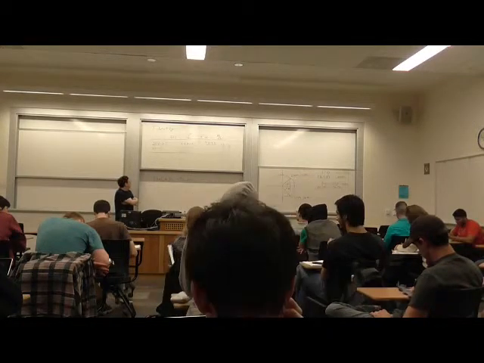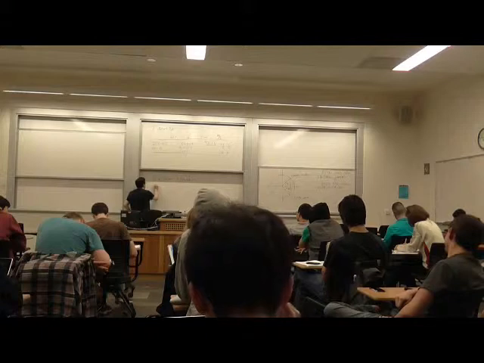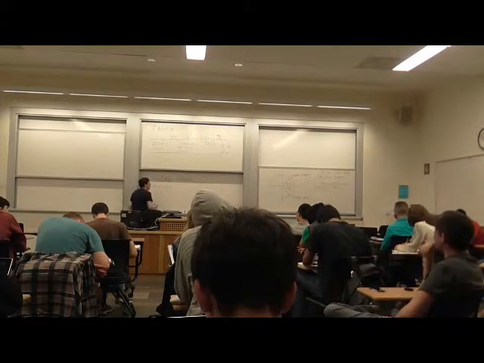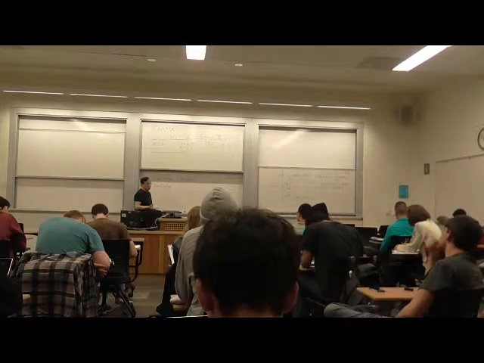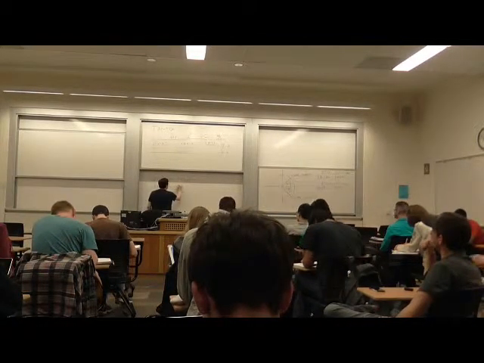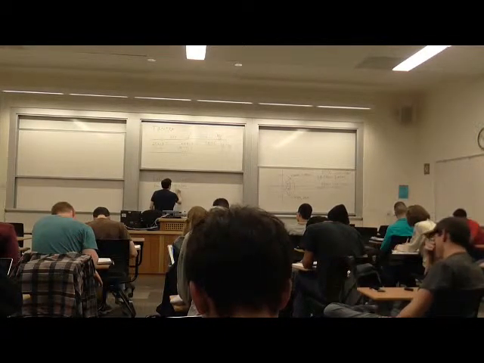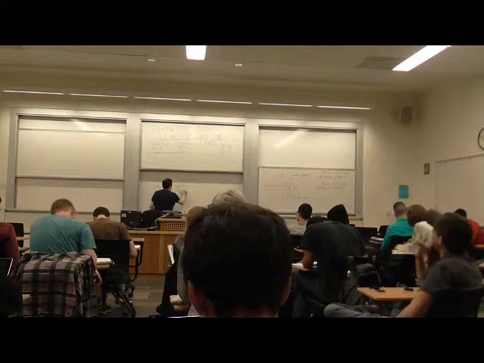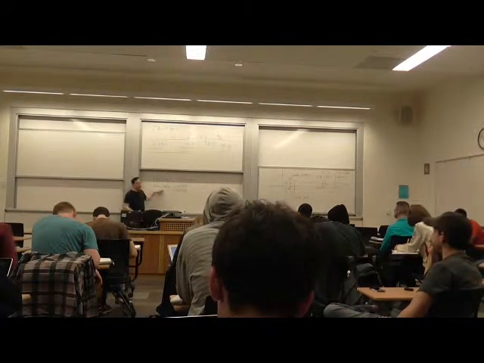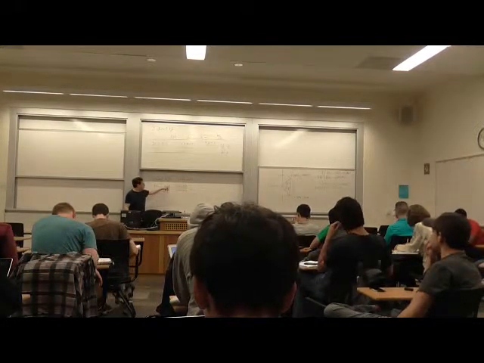Okay, so, first step. Tangent of negative theta. We're going to use the definition of tangent: that's the sine of negative theta over the cosine of negative theta.